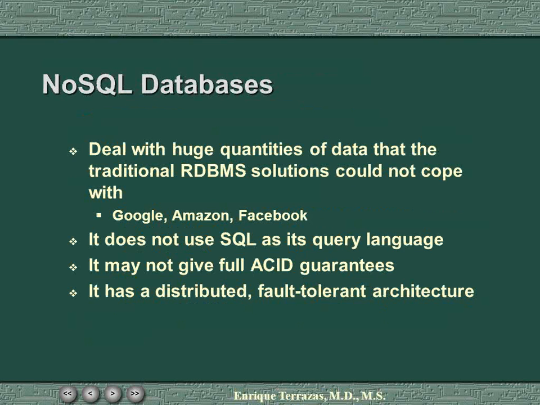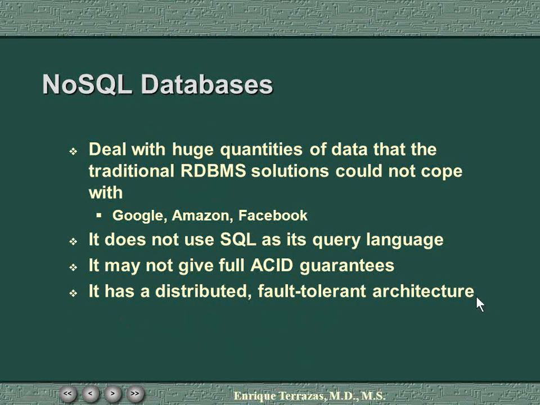And the NoSQL databases came up because relational databases have difficulty coping with a large amount of data. Google, Amazon, Facebook all have a large amount of data. It doesn't use SQL as a query language. It doesn't give the full guarantees that a relational database gives.